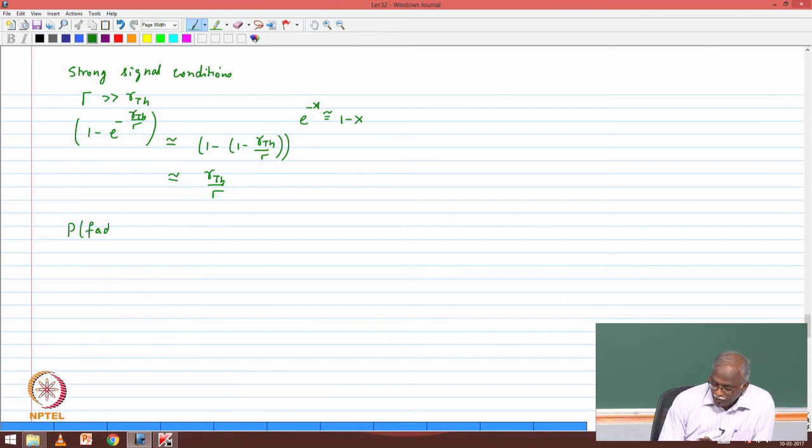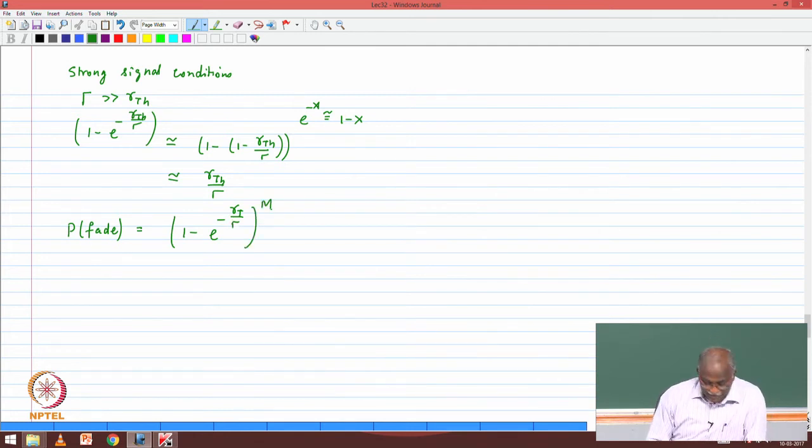And the probability of a fade or probability of outage when there are m antennas, we said was 1 minus e power minus gamma t by gamma, raised to the power m. You can see the direct exponent form. This can be approximated by gamma threshold by gamma raised to the power m, or in other words, this is gamma threshold raised to the power m by gamma raised to the power m.